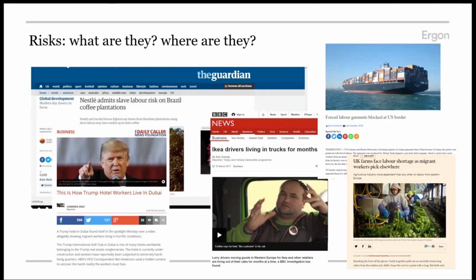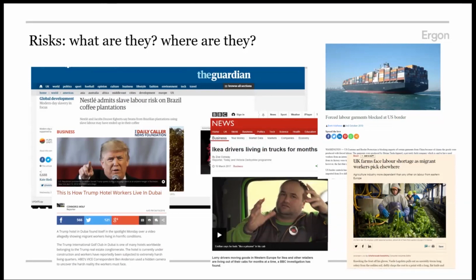So there's different dimensions of risk. And as I was just saying, it can be around a known issue in a particular country. So slave labour in Brazil, and that's obviously clearly a supply chain issue. But it could be something in your own operations. So we couldn't resist, obviously, having a picture of Trump.